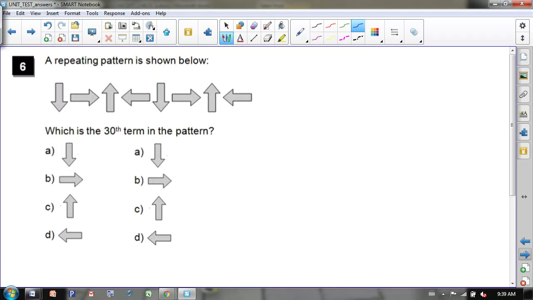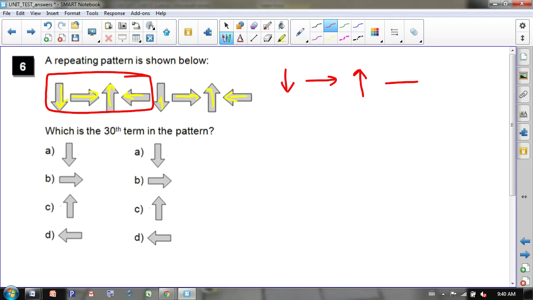Question number 6 is a repeating pattern. The first thing is to look for the core: down, right, up, left, down, right, up, left. The core in this sequence has 4 terms: a down arrow, a right arrow, an up arrow, and a left arrow.